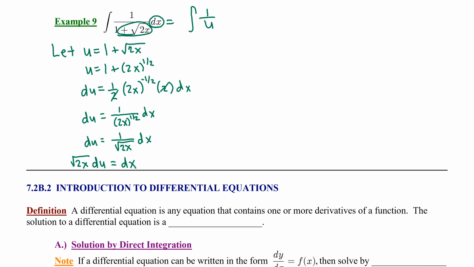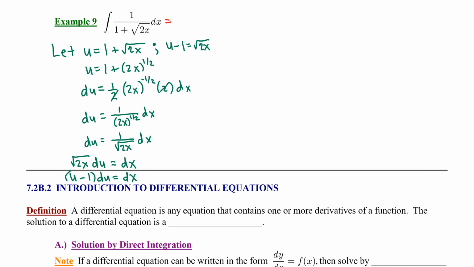But if I go back up here to my original substitution, notice if you subtract 1 from both sides, you can rewrite that square root of 2x in terms of u. So the square root of 2x can get replaced by u minus 1, and then I can rewrite this dx in terms of u.